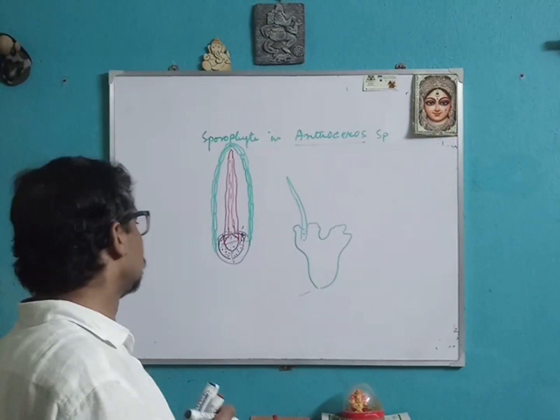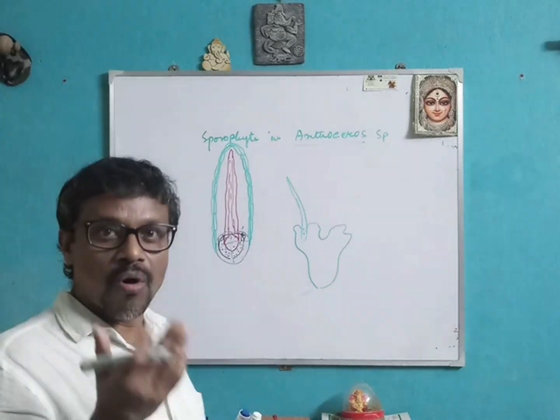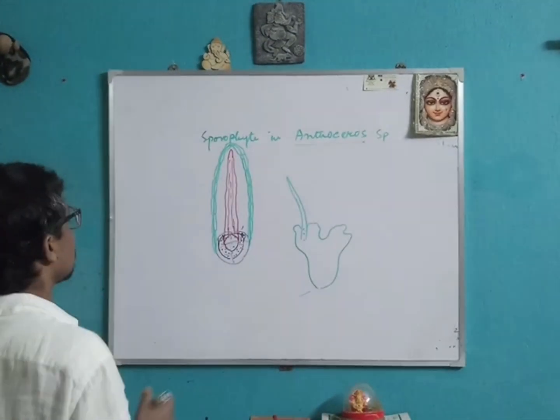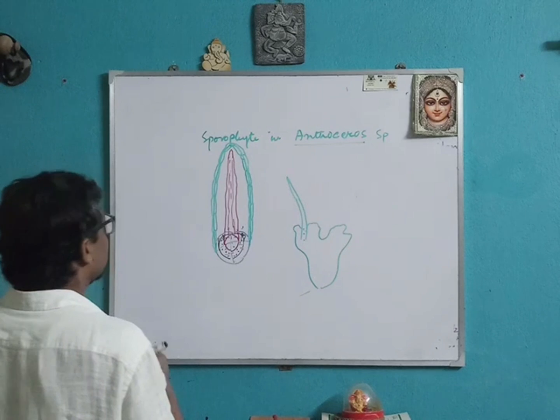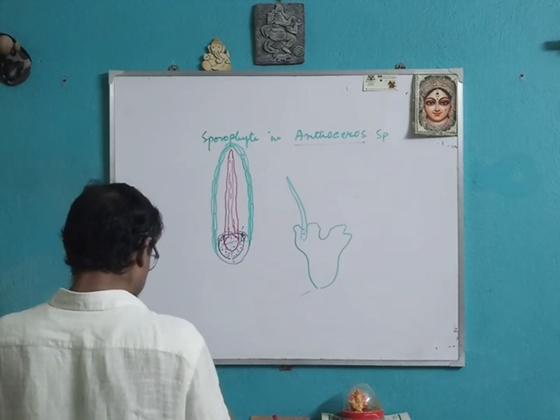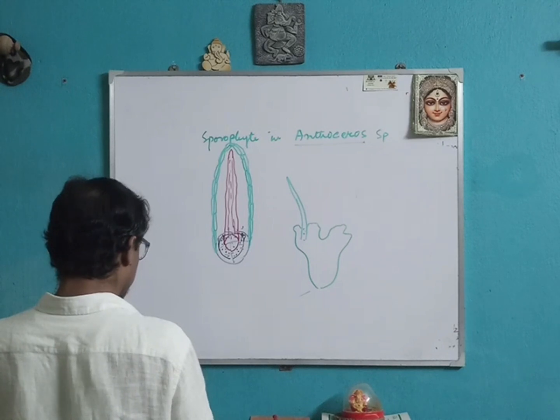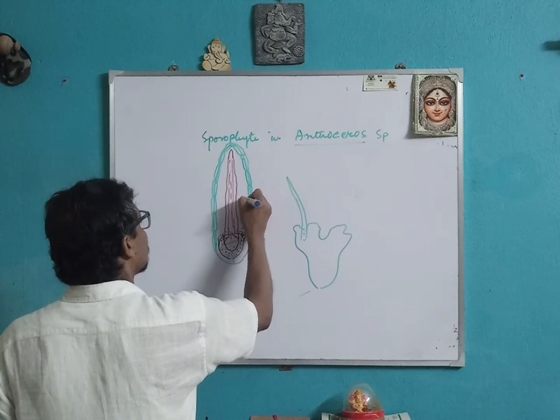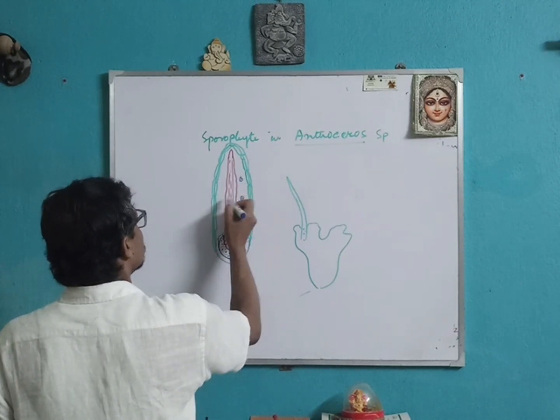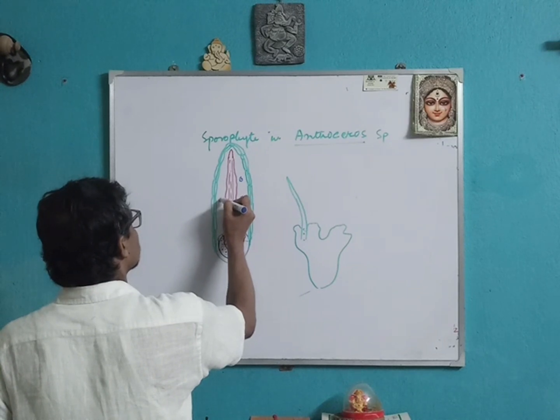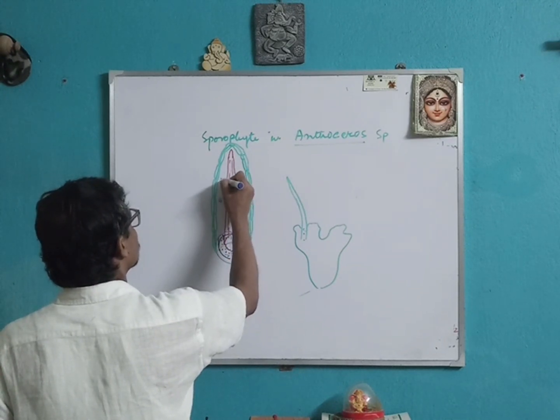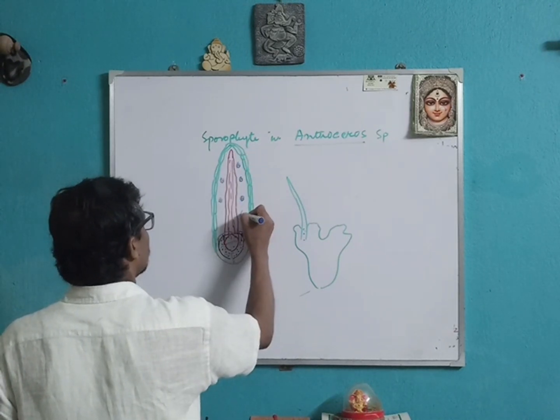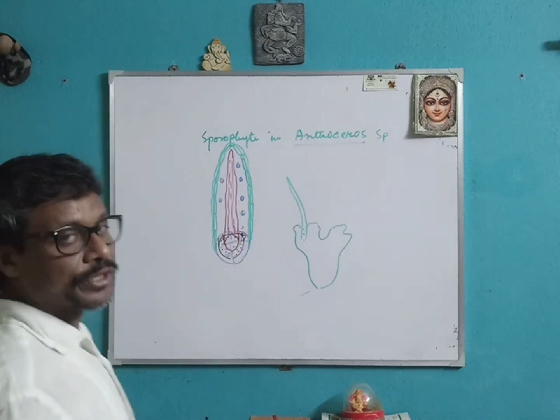Now the archisporium, or archisporial cells, get metamorphosed in two different ways. Some of the archisporial cells give rise to sporogenous tissue. From the sporogenous tissue come the spore mother cells, and those spore mother cells ultimately give rise to spore tetrads.